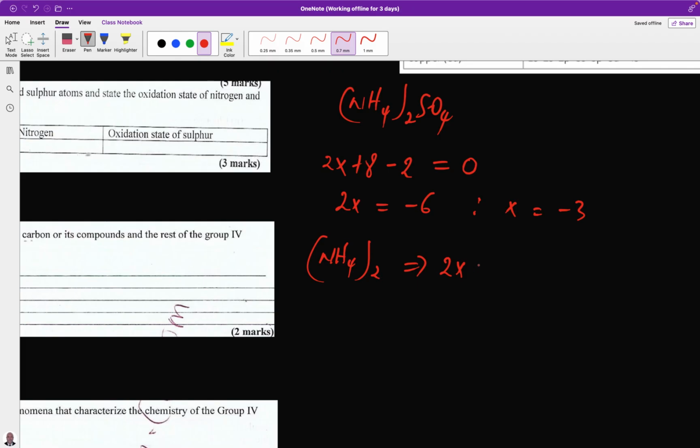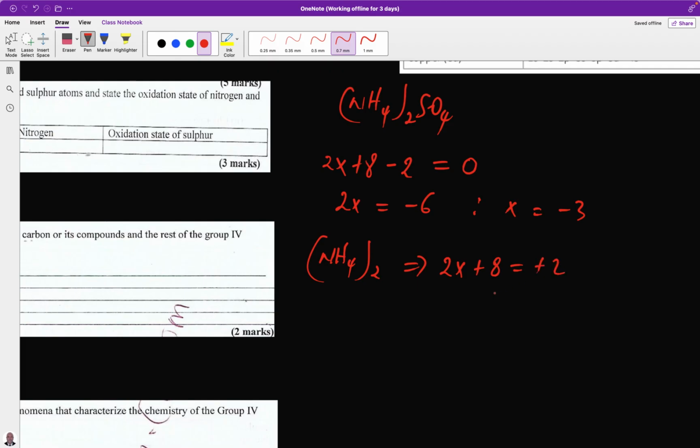The total is now +8. The total is not 0. But remember, if we are using this, we must use the oxidation state for ammonium. And the oxidation state for the ammonium radical is +1. And since there are 2 ammonium, it should be +2.